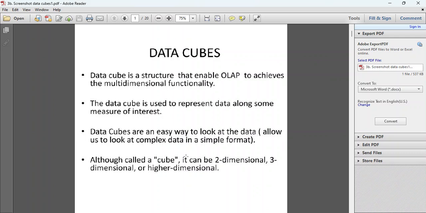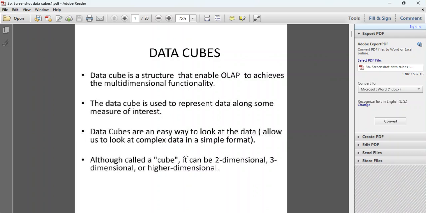Here, a data cube is a structure that enables OLAP to achieve the multi-dimensional functionality. For achieving the multi-dimensional functionality, we use data cubes. This data cube has data in the form of measures as well as dimensions, and the data cube is used to represent data along some measure of interest.